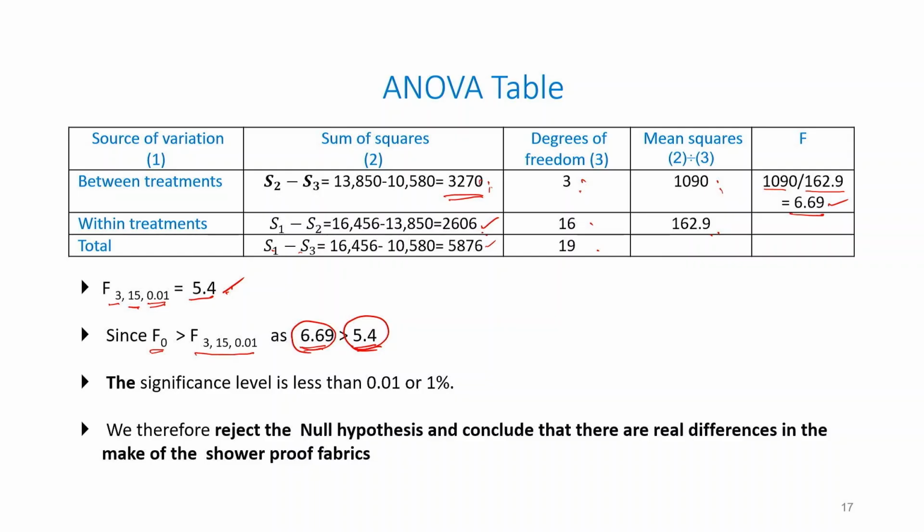This only gives you the answer to whether the means of these four different manufacturers are different from each other or not. And the answer is yes, there is a difference between them. So they are not the same.